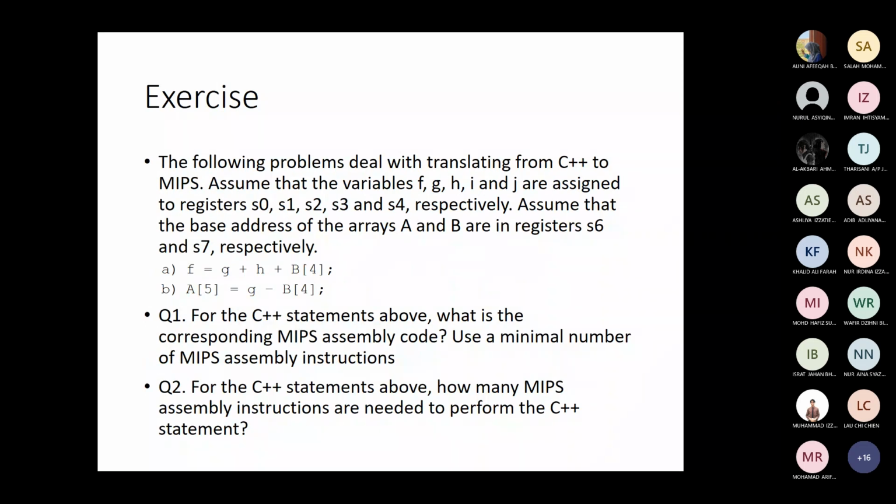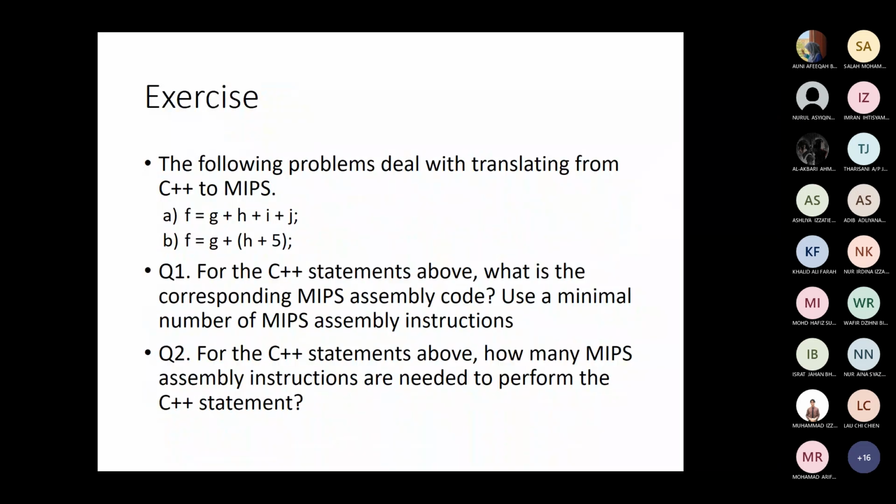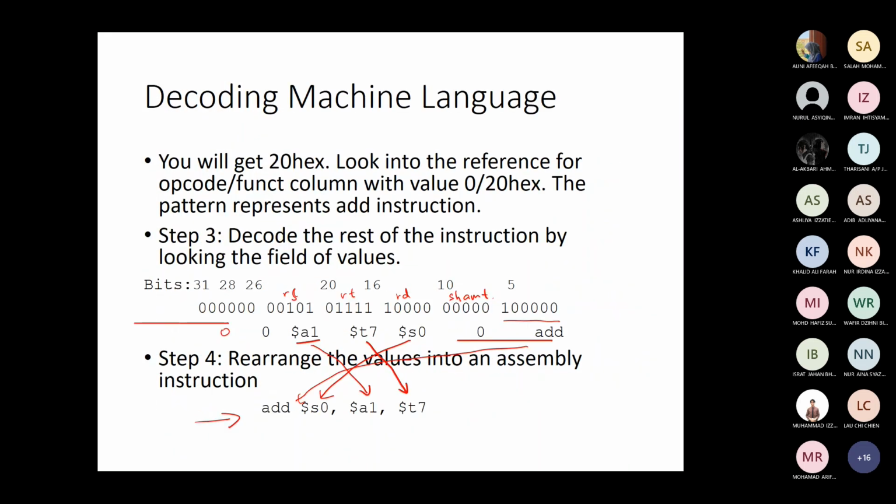Once you have done this, you can try for the instructions that you translated from the exercise given previously, for your own, and then try to decode it. I will give you a quiz for that, and I will ask you how to decode that instruction. All types of instruction I will give to you, so you need to be able to do that.